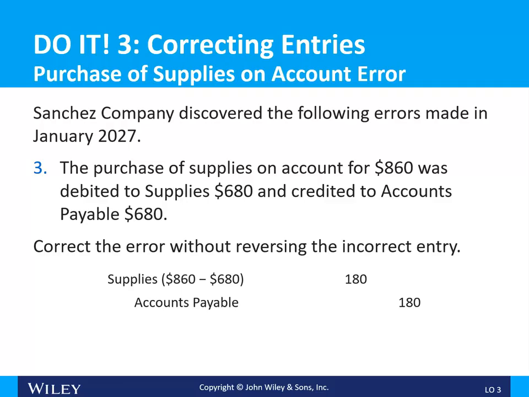So the difference would be a debit to accounts payable and credit to supplies of the 180. So just because it's the wrong amount doesn't mean you just do the same entry like we did here. You have to look at the debits and credits of what the totals should have been and what you did, and make correcting entries from that.